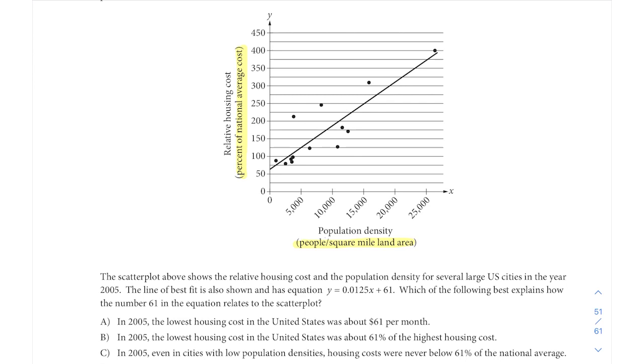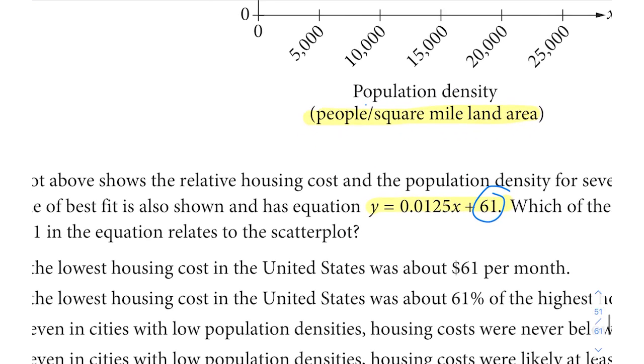And here in this description, it says the scatter plot above shows the relative housing cost and the population density for several large U.S. cities in the year 2005. The line of best fit is also shown and has this equation. Which of the following best explains how the number 61 in the equation relates to the scatter plot?